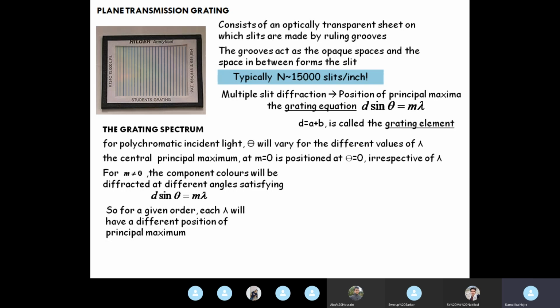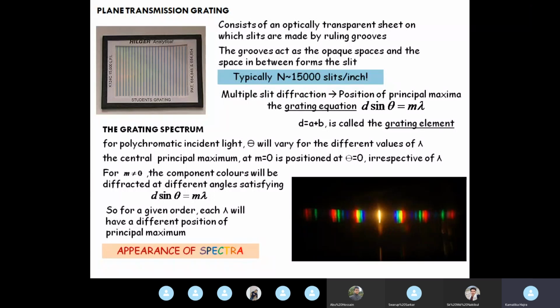So for a given order, each lambda will have a different position of the principal maxima. So what will this result in? This will result in the appearance of spectra. This will result in the separation of the composite light, of the colors consisting the composite light, into separate entities. All right, and this is what we typically see.